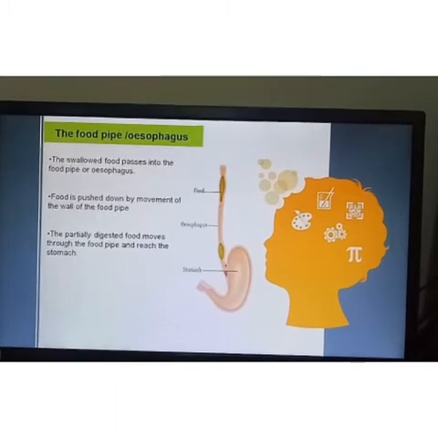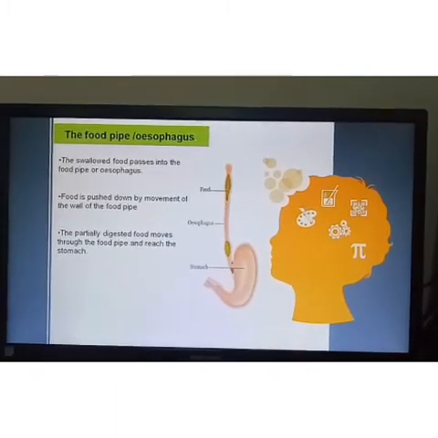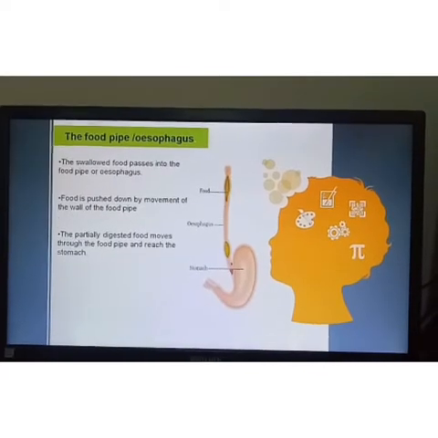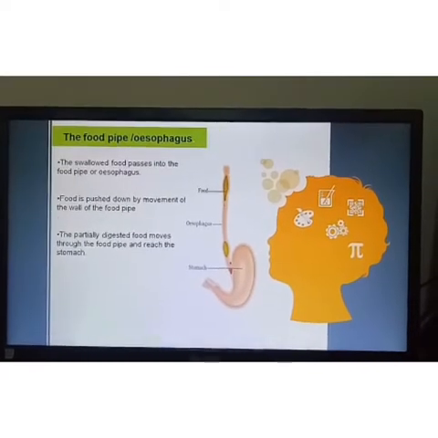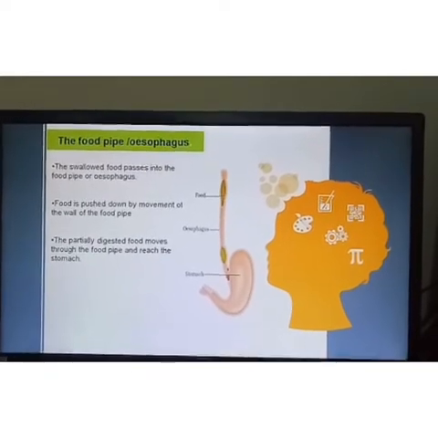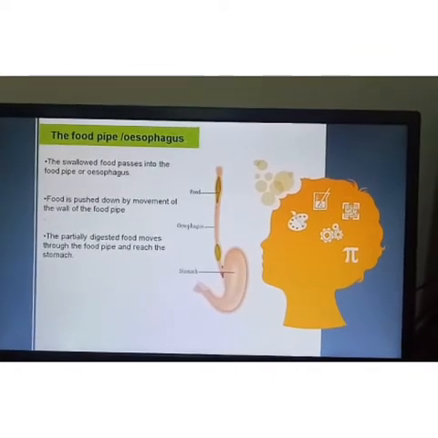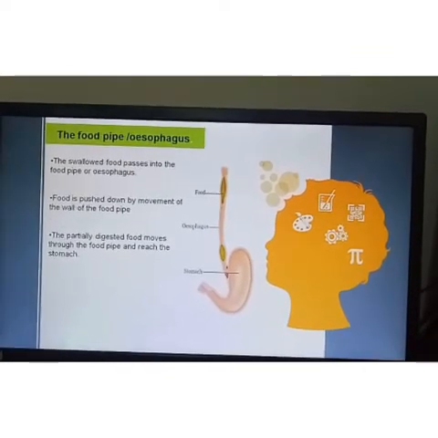But if we talk while eating, food particles could enter into the windpipe and cause us choking. You must have experienced sometimes when you're talking and eating, you feel like coughing out and some grains get stuck into your nostril. So always take care not to talk while having your food.